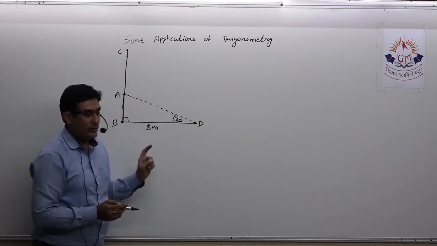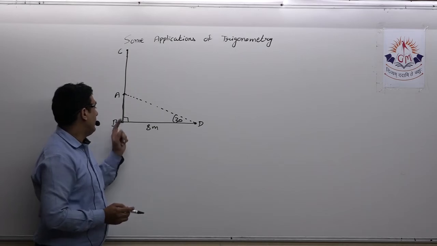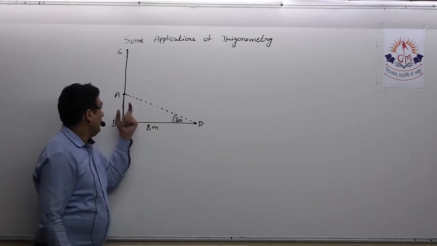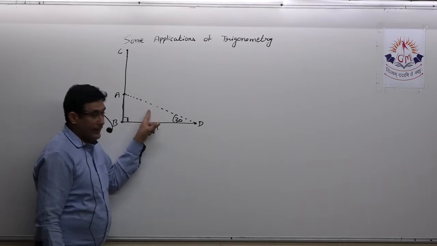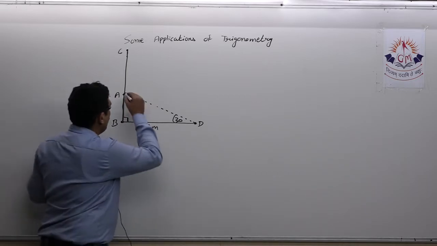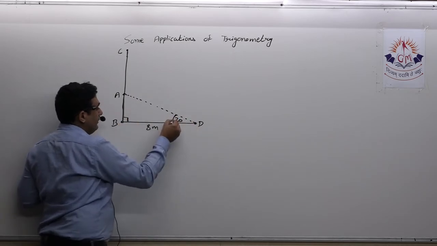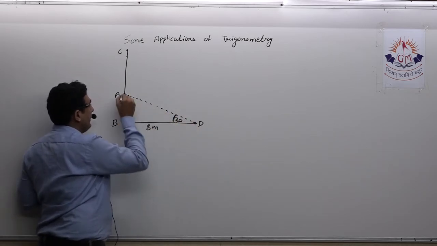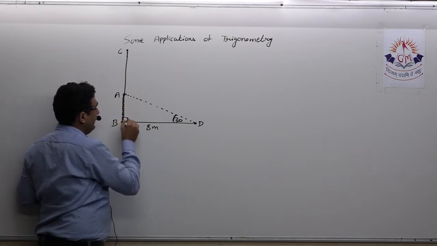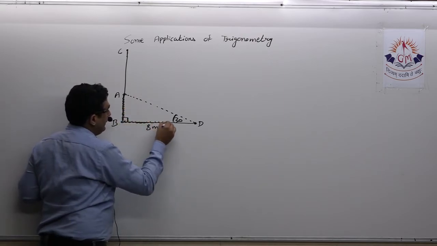I'm considering that the tree is vertical on the ground, so this will make 90 degrees. Now I need AB as well as AD to get the complete length of the tree. To get AB, concentrate on this triangle. Here one angle is given. For this angle, AB we have to find, BD it is given.